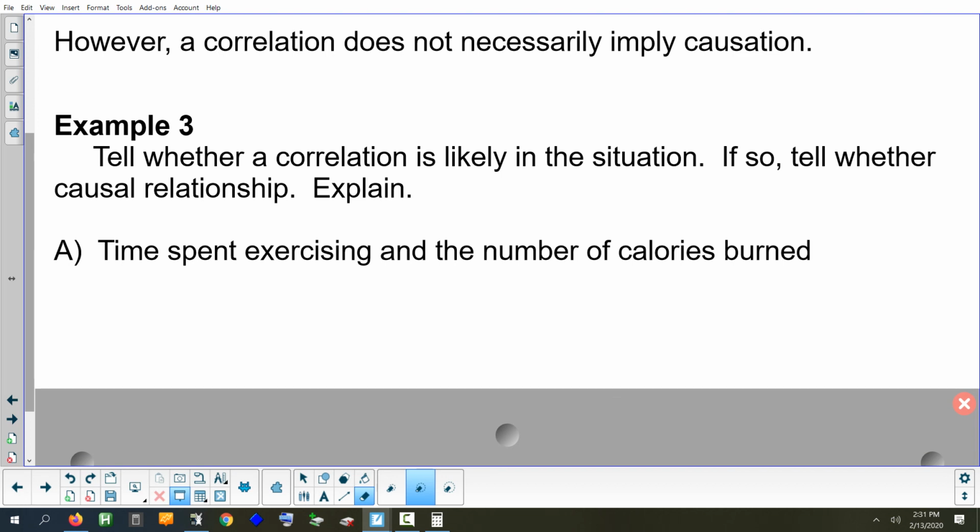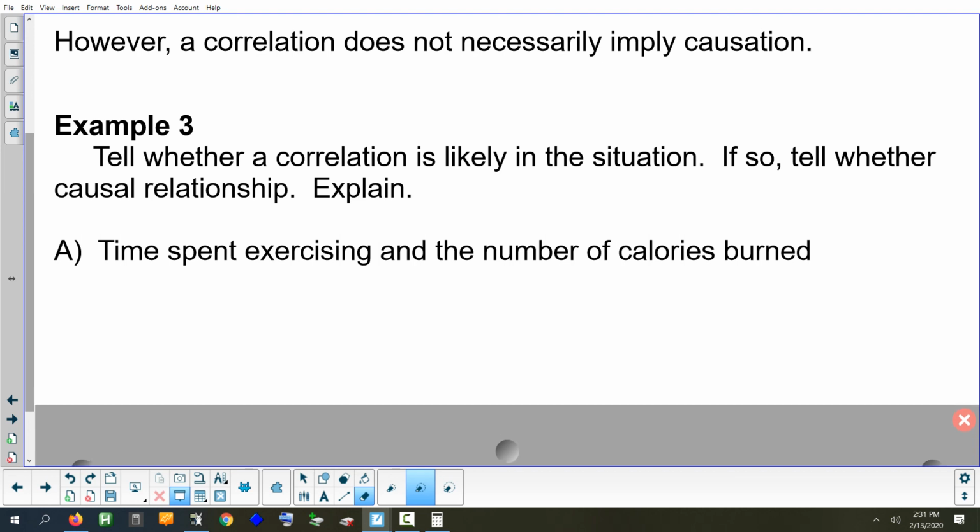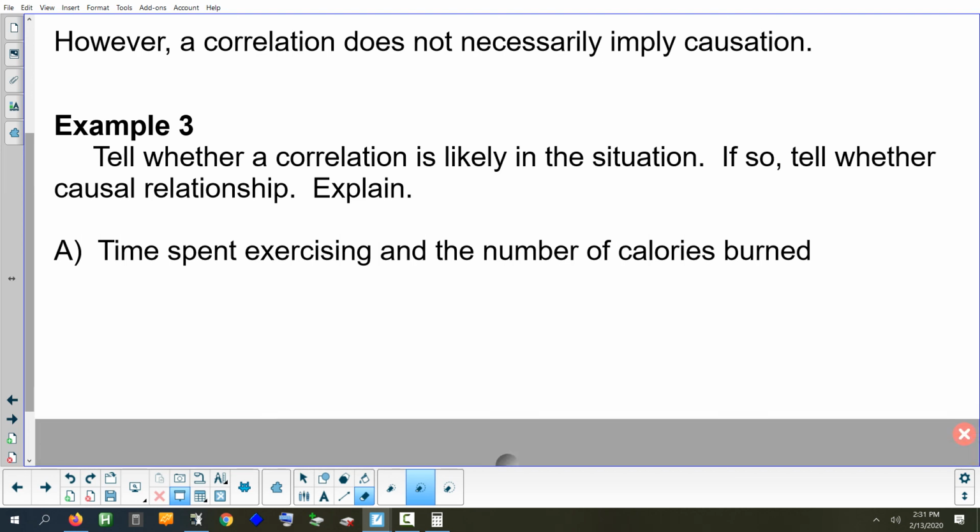Wow, we basically just did this one. Time spent exercising and the number of calories you burn, right? So the first thing is, do you think there's a connection between exercise time and calories burned? Yeah. So I'm going to put correlation is likely.